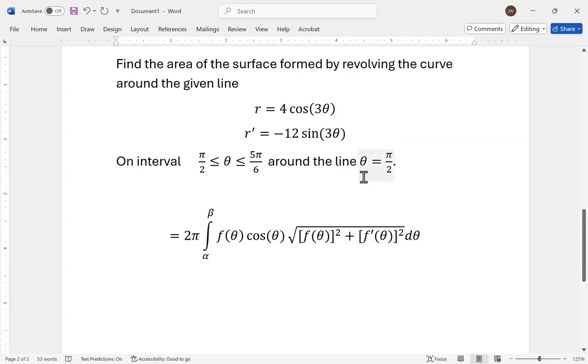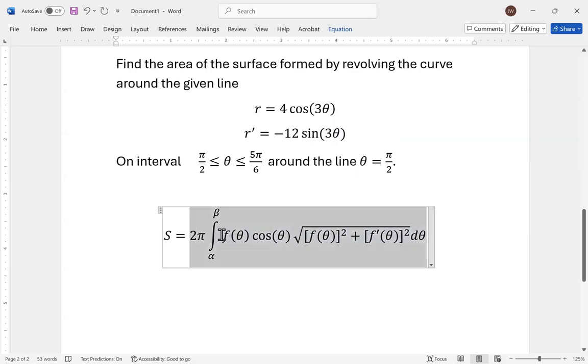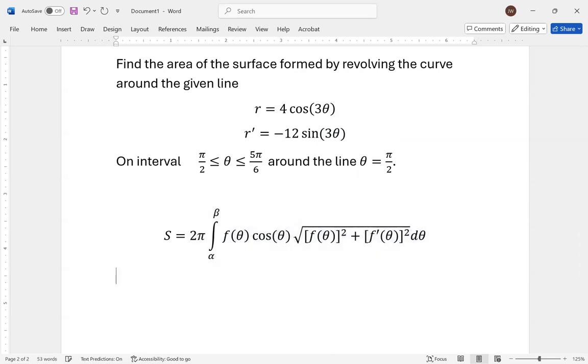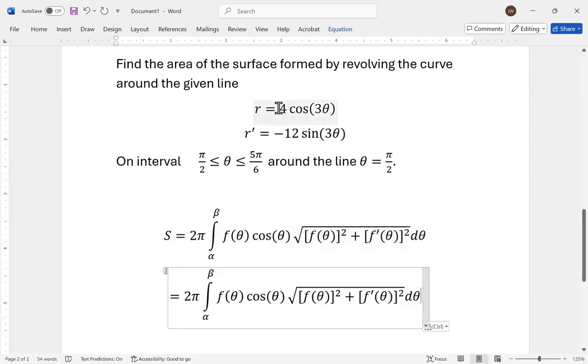Because I'm rotating around the line theta equals pi over 2, my radius is just going to be my x value, which is r times cosine theta. Here, I guess I can say that's the surface area. My r here is equal to 4 cosine of 3 theta.